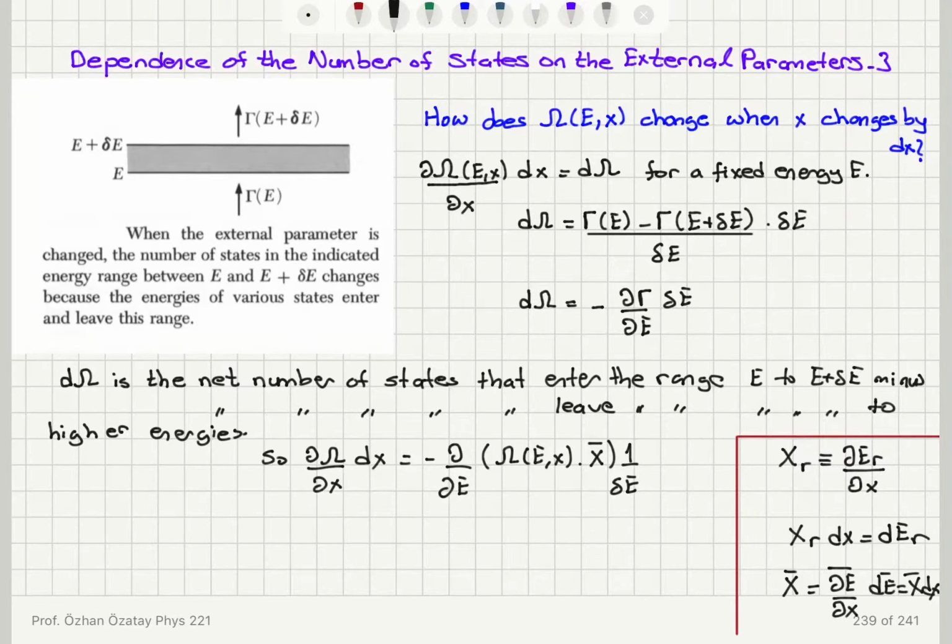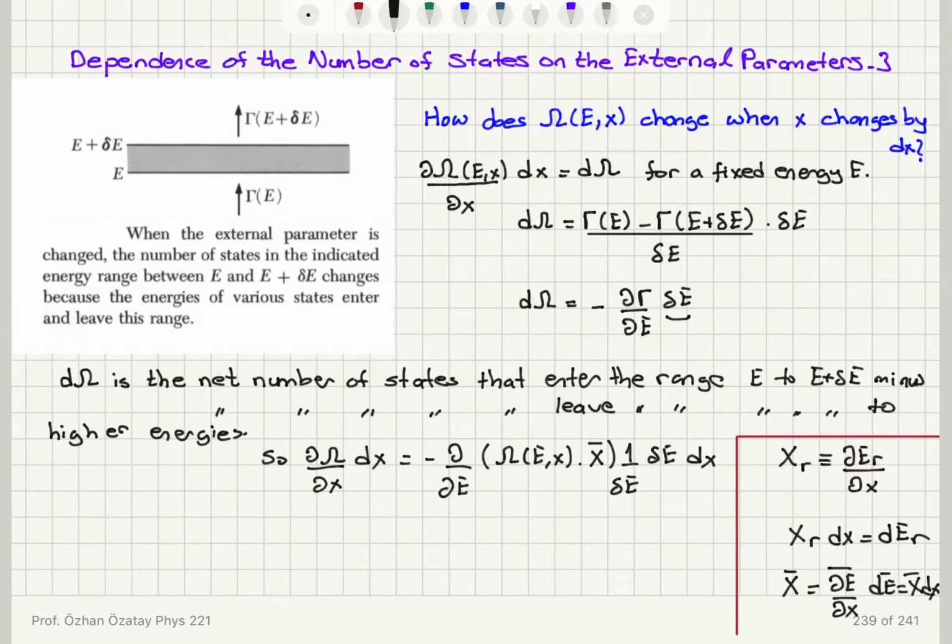And then I have another delta E factor, so I have to put this delta E here. And then X bar dx is the change in the mean energy of the system.